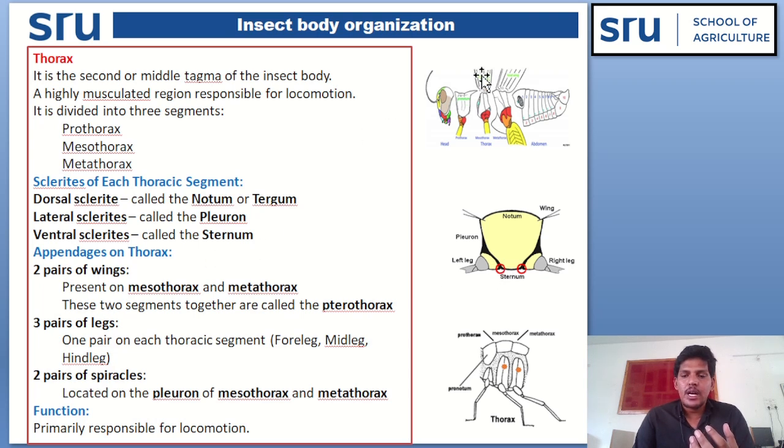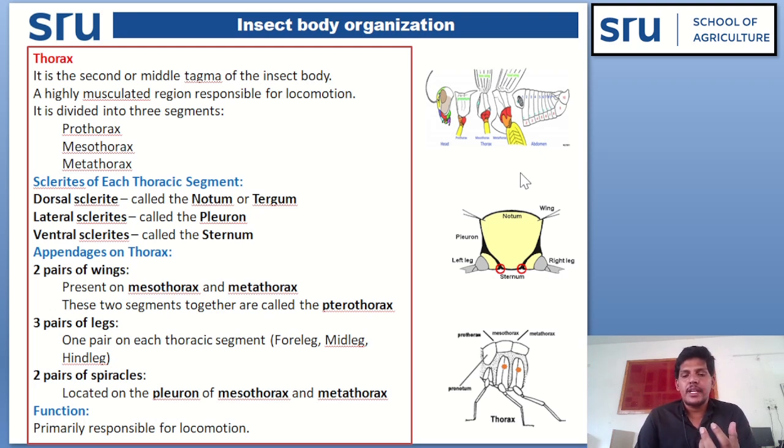See here, appendages of thorax. Thorax consists of two pairs of wings, one pair on the mesothorax, that is the forewings, and another pair on the metathorax, that is the hind wings. Due to the presence of wings on the meso and metathorax, these meso and metathoracic segments together are known as pterothorax.